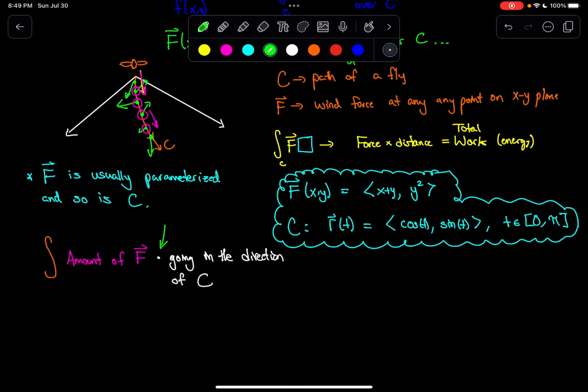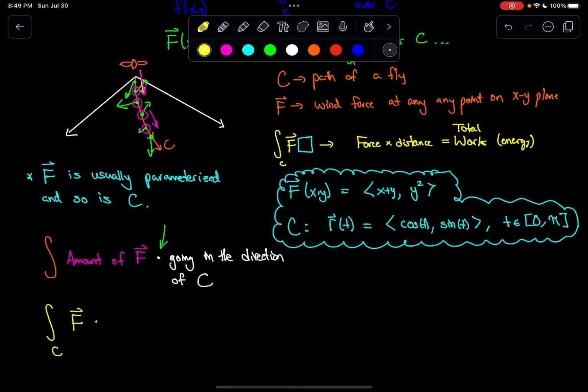So if we're setting this up, we're going to have an integral over our path C. What are we adding up? Well, whatever our vector field F represents, it could be wind, it could be energy, it could be heat, whatever it is that we're talking about in the appropriate application.